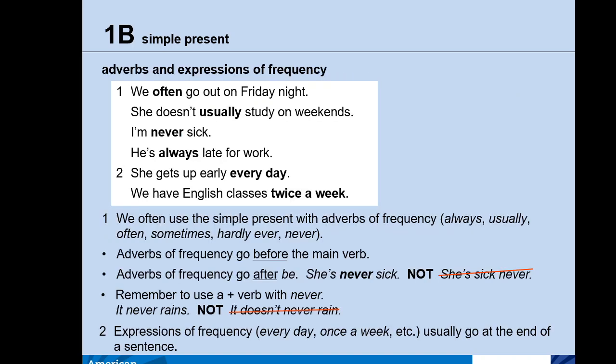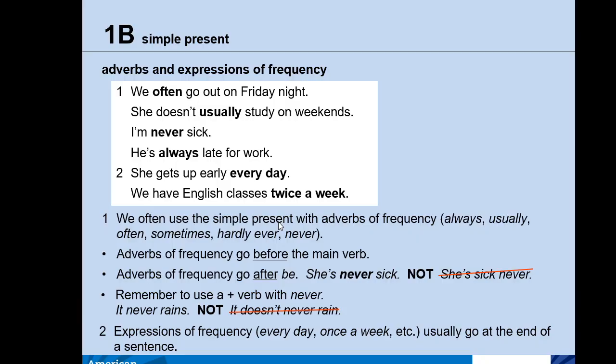Now, we also have seen some adverbs in this section, adverbs and expressions of frequency. So we said that we sometimes may use the simple present form with some adverbs to state the frequency where the verb might have the action in the sentence.